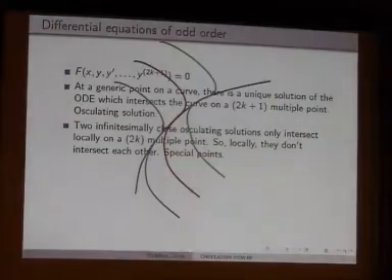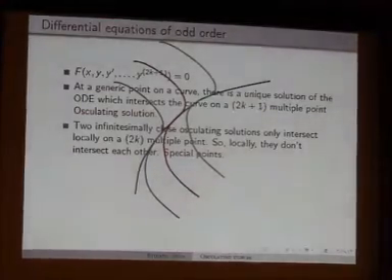So here's my claim, that if you take a generic curve, a blue curve, and if along that curve you take all oscillating solutions to that curve, they will behave like the green, the red, and the gray curve. They will not intersect locally. So this is the general principle.